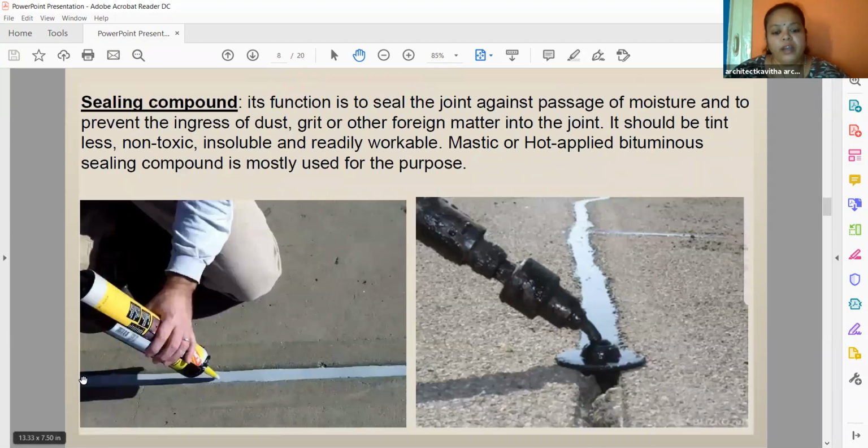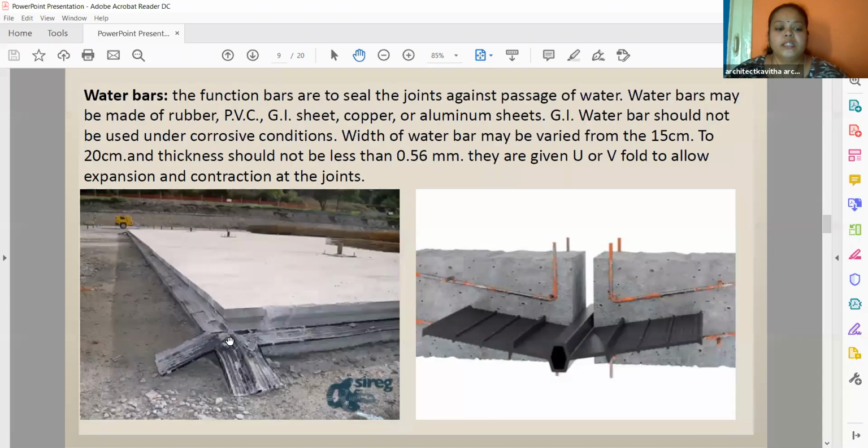The other one where the top layer will be there, there you will use sealing compound. Either you will use mastic asphalt or you will use rubber. Sorry, this is like a ready-made sealing compound. And next is the water bars where your RCC construction is there. There you will use water bars.